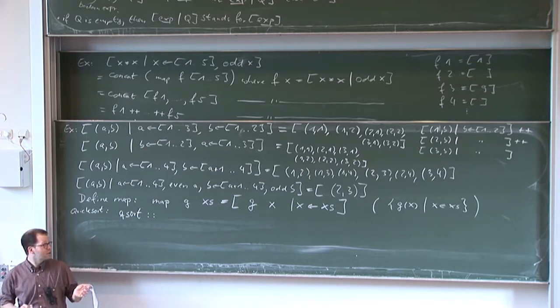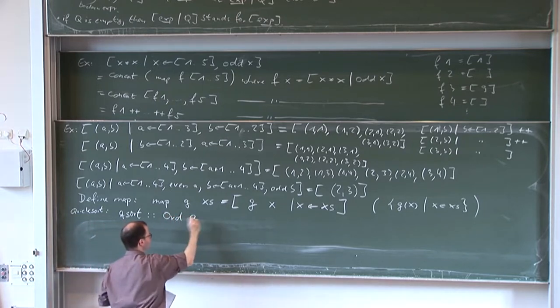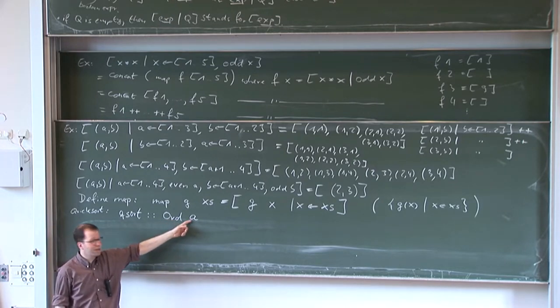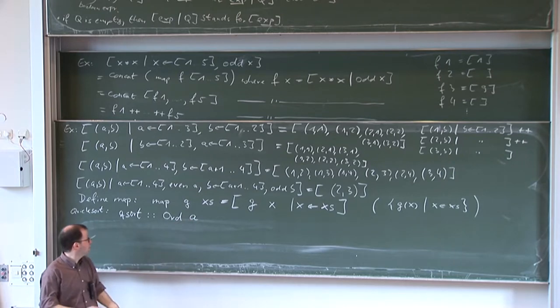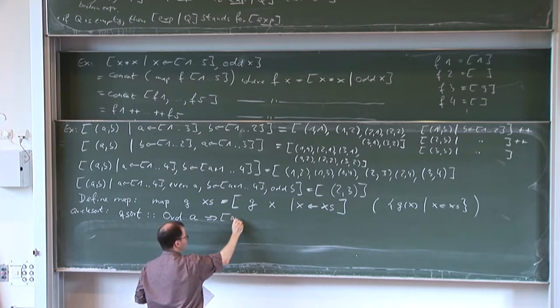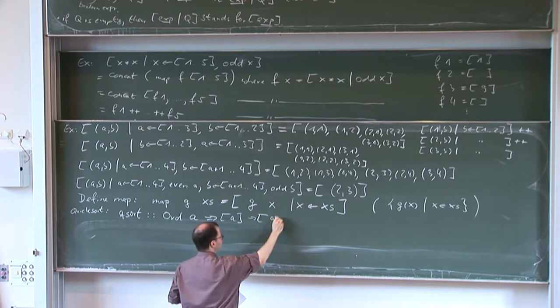So quicksort could be defined for all lists of type A, provided that the type A has a greater relation. And now, luckily, there is a type class for this called Ord. We had that before. So this type class contains all those types where greater is defined. So if A is a type where greater is defined, then we know what quicksort does. Quicksort takes a list of elements of type A and returns a list of elements of type A.